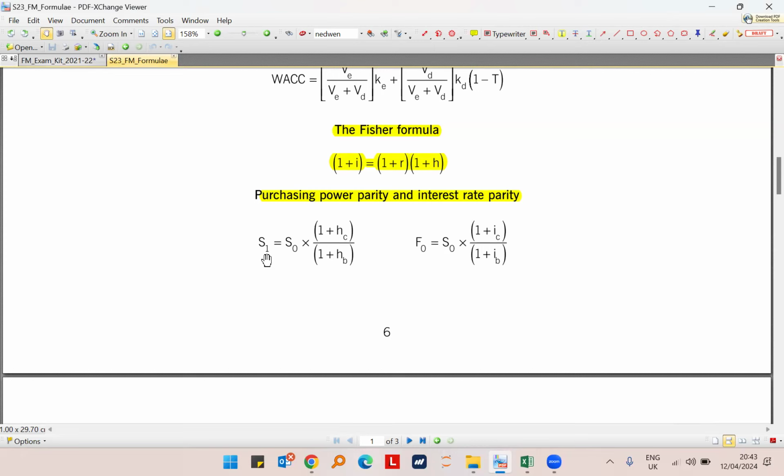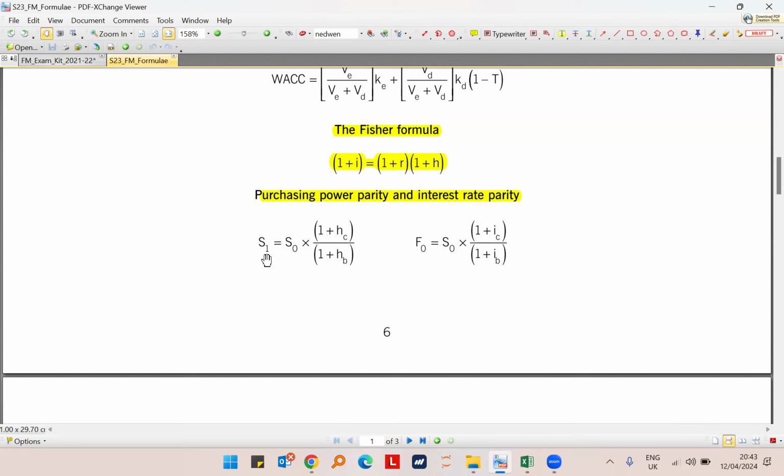However, if the inflation in the counter currency is higher, then it means that the counter currency has lost value against the base currency, and therefore the spot rate will be higher. So that's the relationship that they have between them.